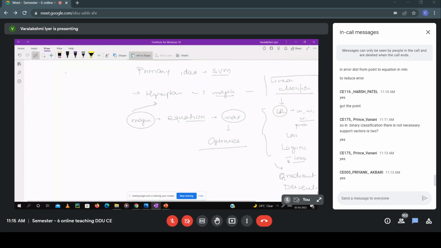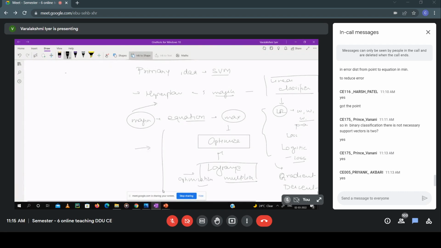In this case, we'll be using a different optimization algorithm, primarily Lagrange multipliers, to perform the optimization process. Why we'll be utilizing this, we will also come to that point.